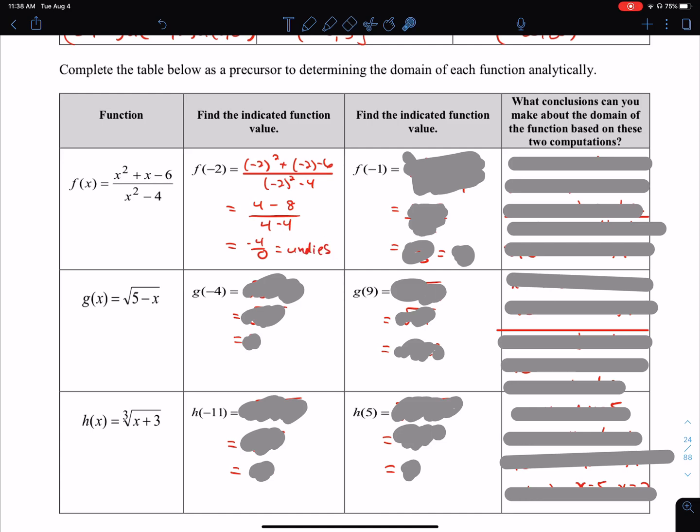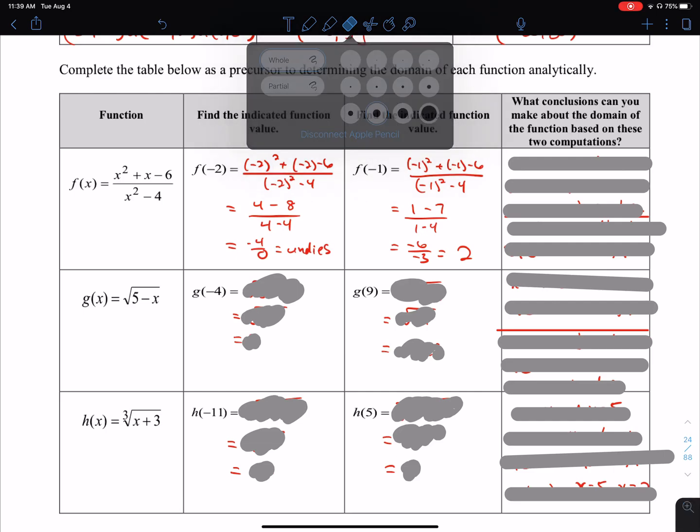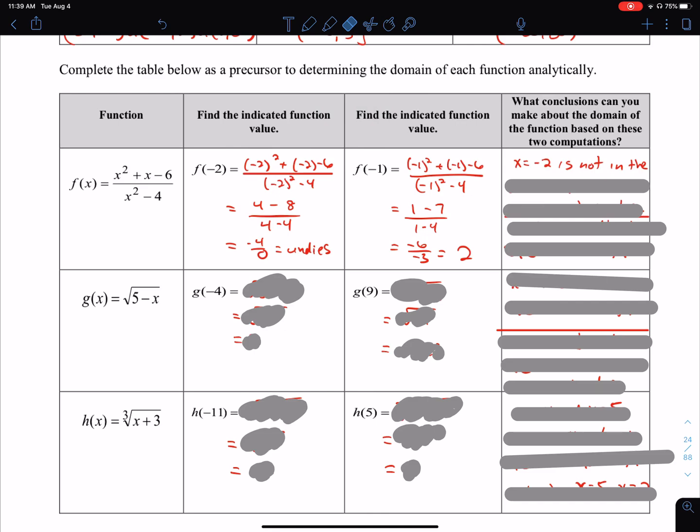Interesting. What's f of negative 1? Well, if we plug a negative 1 into this, you're going to find that we get the answer is 2. What conclusions can you make about the domain of the function based upon these two computations? Well, x equals negative 2 is not in the domain because when x equals negative 2, there is no y value.